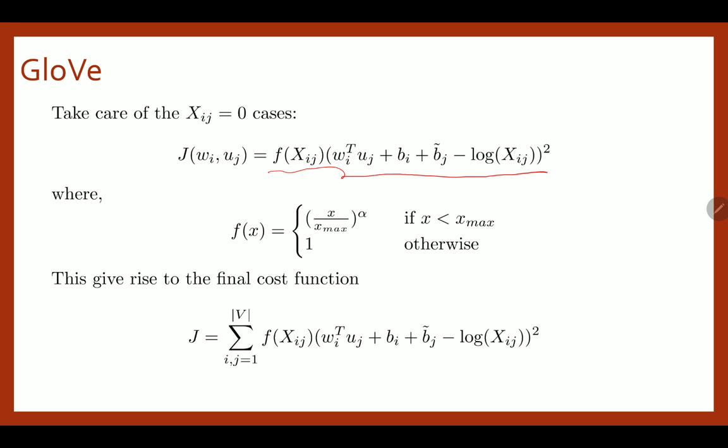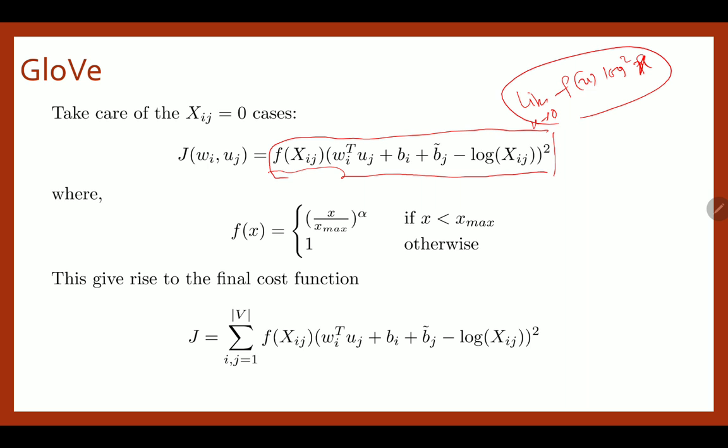The idea of this weight is that at x equal to 0 it should vanish, becomes 0, so that as x goes towards 0, f(x) log squared x remains finite. That was their objective, so that this function remains defined at x equal to 0.